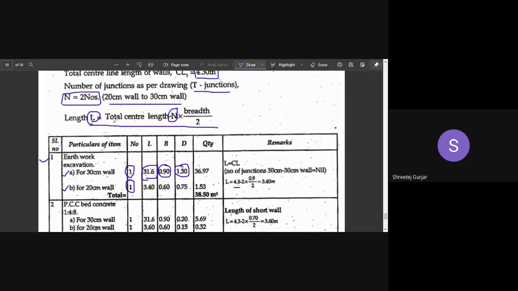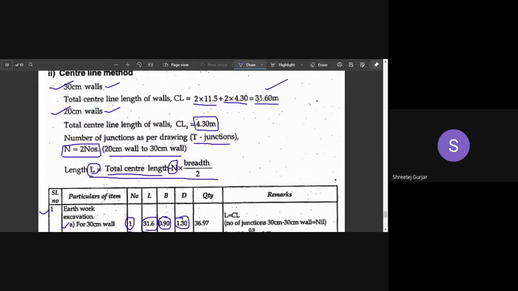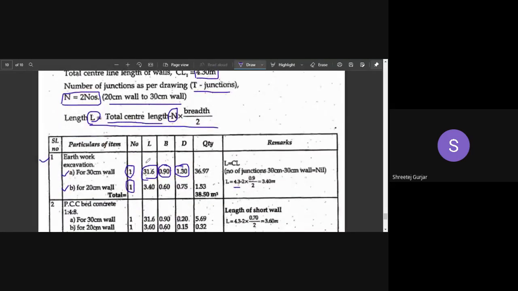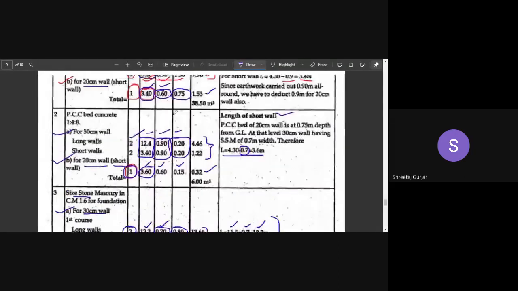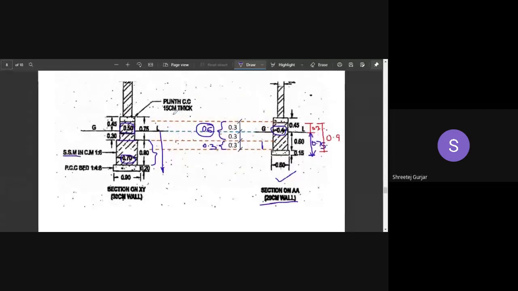Length will be the same as your total centerline length. So L is equal to total centerline length, that is 31.6. So that is what I have written here directly, 31.6. No need for any deductions, because the number of junctions is 0 for the 30 centimeter wall.